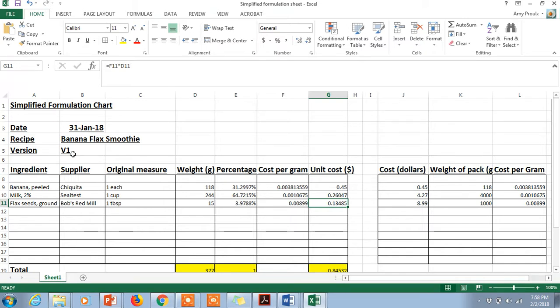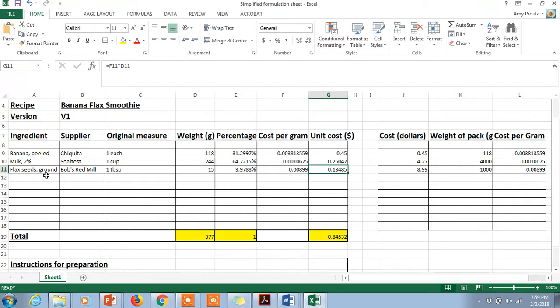If I am working on a product development project, I need to make sure that I am keeping track of my versions so that, let's say as I'm going along, I think, that recipe that I made back on January 31st, that one was pretty good. And since then, I haven't quite been on track. Let's go back to that. We know which version we're at, and this coding system is consistently used in the industry.